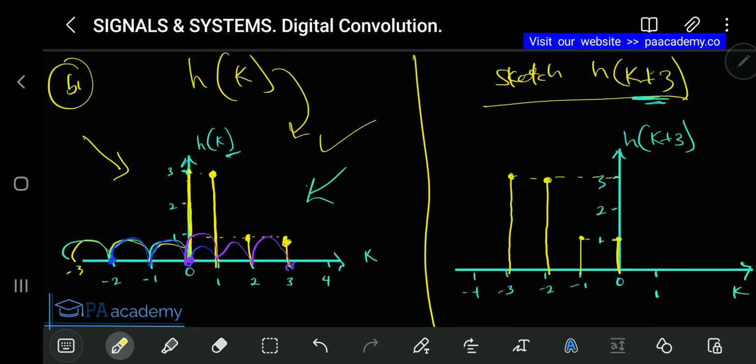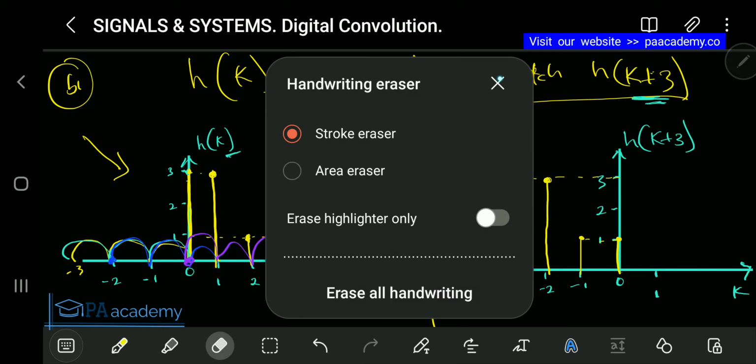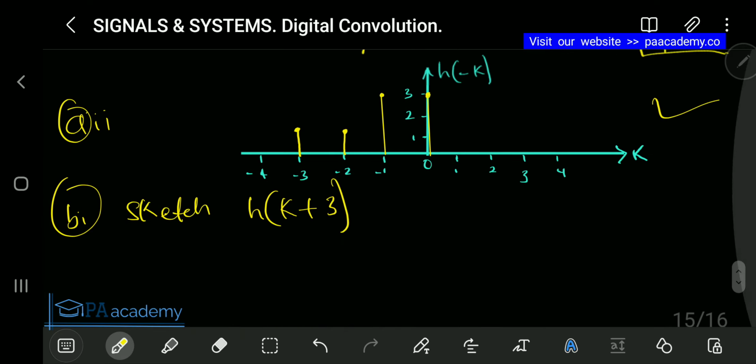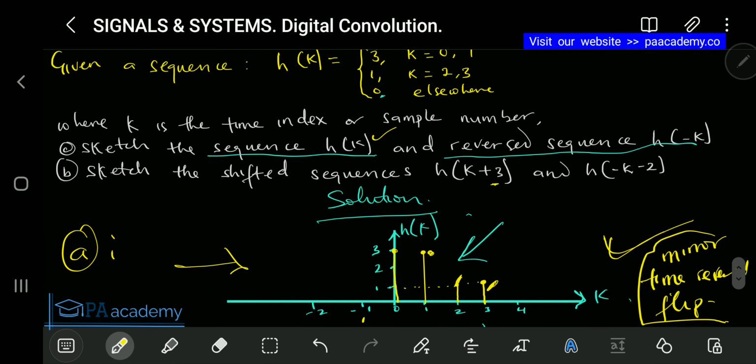There is no big deal. So what we are having here is h of k, and what we are having here is h of k plus 3. I hope you're able to get that. With that, we've been able to answer this particular question. It says sketch the shifted sequence h of k plus 3.